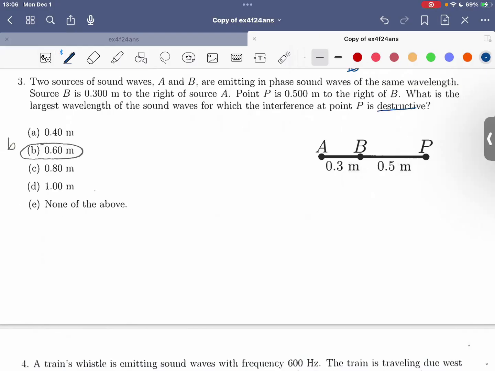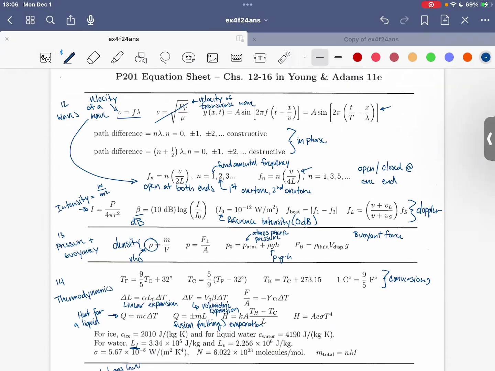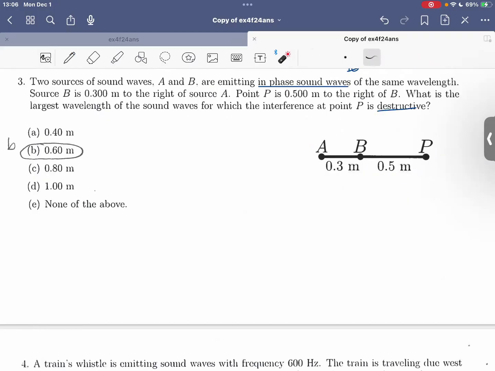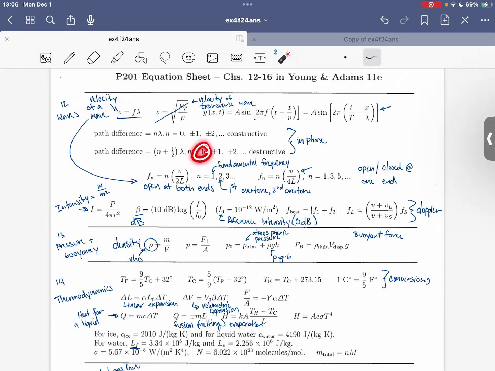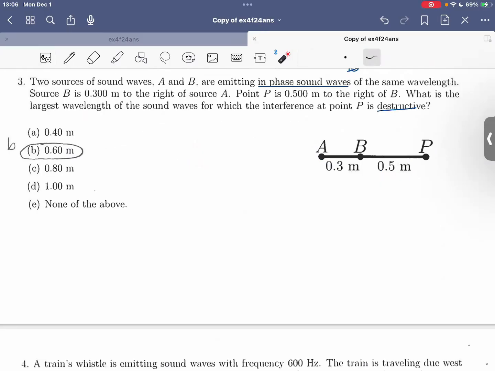Okay, so since we're looking at destructive, and because we know that they're in phase sound waves, we just use our destructive interference formula, and we're also told that we want the largest wavelength, right? So we're just going to let n equal 0. So we have path difference is equal to n plus 1/2 gamma.